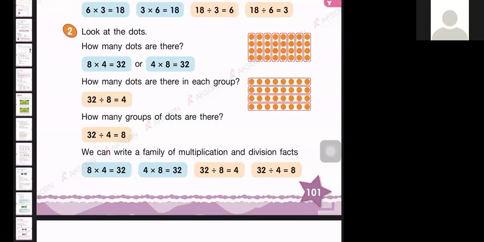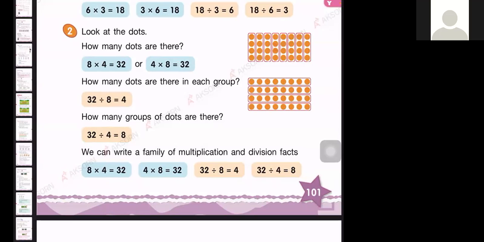So you look at the family of multiplication and division facts. So for multiplication, it is in the blue box. So you look at the blue box. So we have, what is that? 8 times 4.